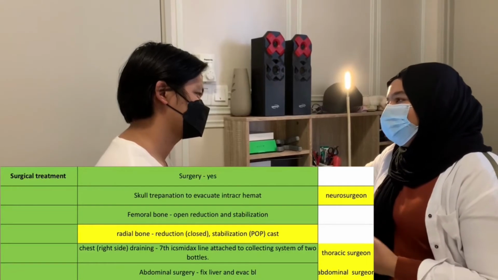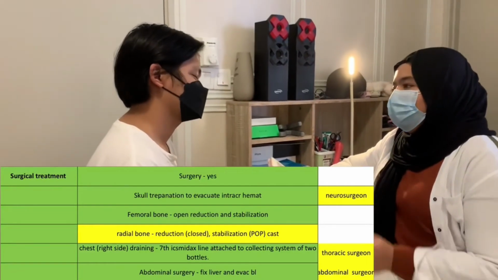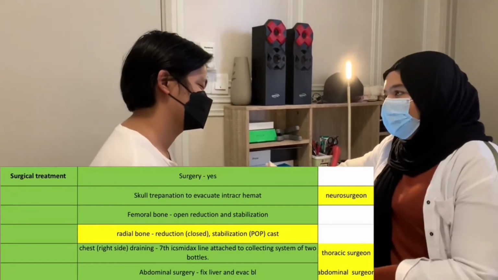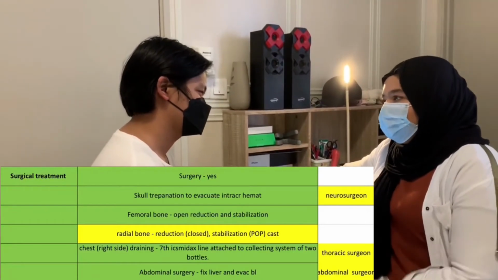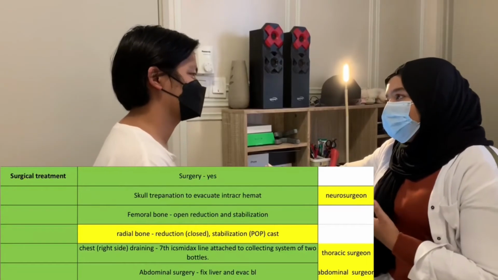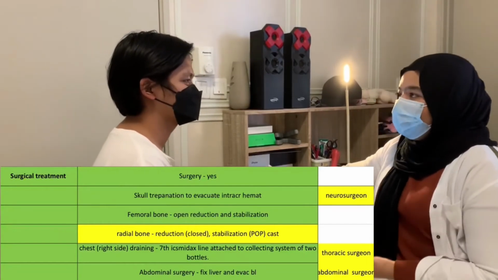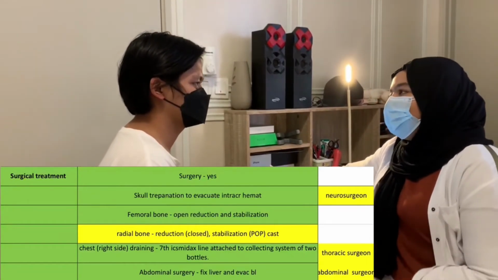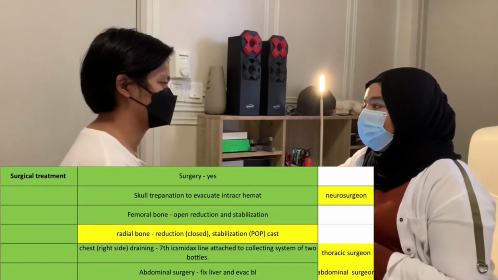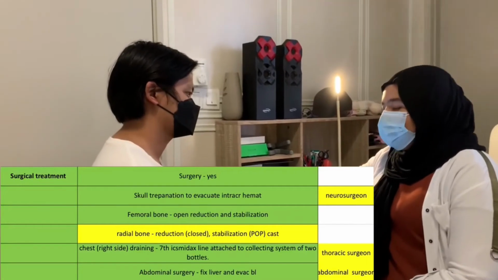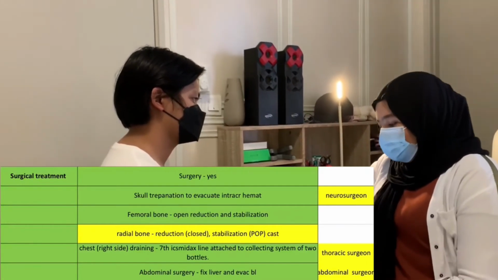This is for femoral, open reduction and stabilization of the bone, and then for radial bone, we will do closed reduction and stabilization, and also he will go through chest draining on the right side, and also abdominal surgery to fix the liver.